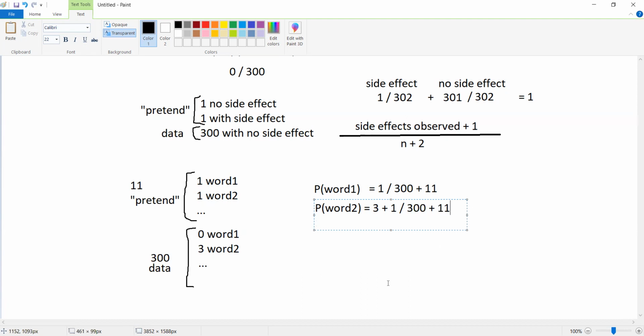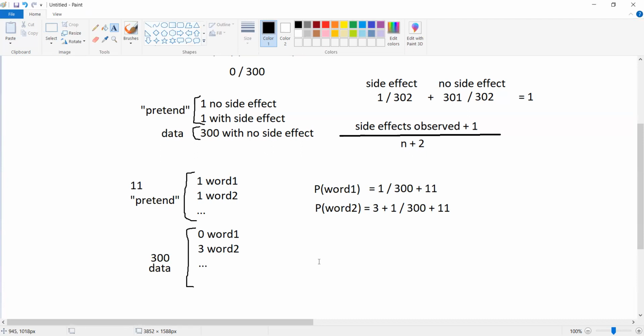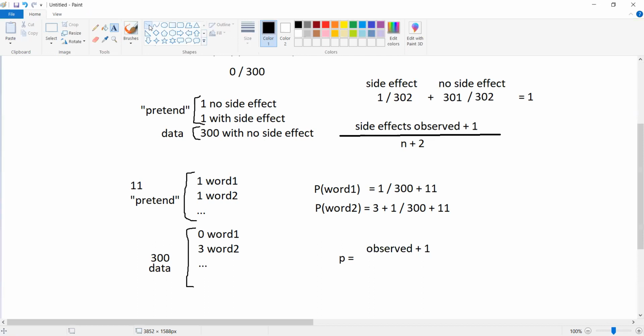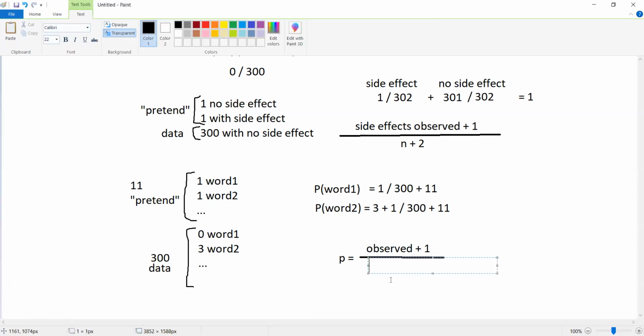And in the general case, the Laplace smoothed probability, including adding the pretend for every outcome, will be the observed plus 1 over all of n plus k, where k is the number of different outcomes that we have.